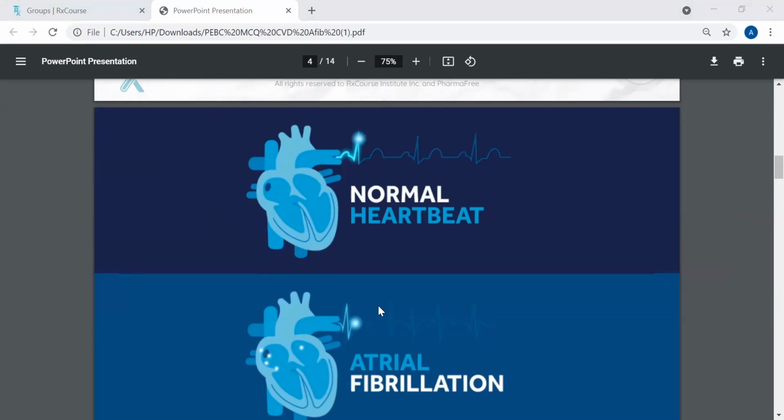What happens in atrial fibrillation? Again, the pulse generates here from the SA node. But rather than going directly to the AV node here, no, this is not happening.